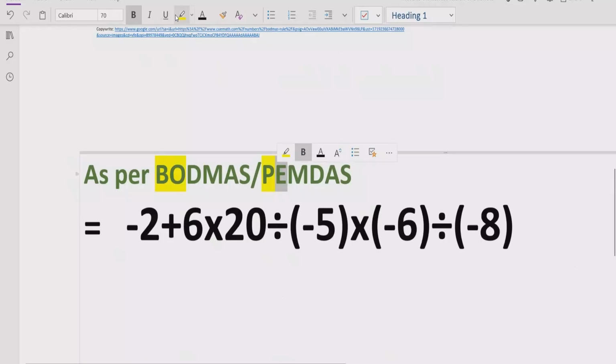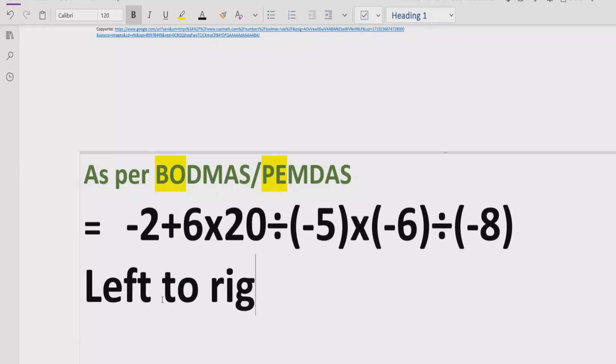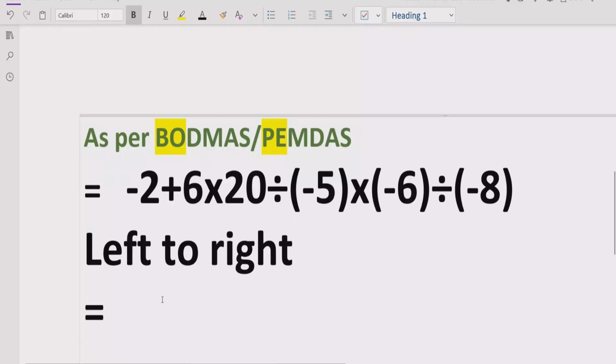We do not have any number which has a power, so we skip this step as well. Now we go for step number 3, which is division and multiplication. We have to go left to right in this expression and find out which is coming first.